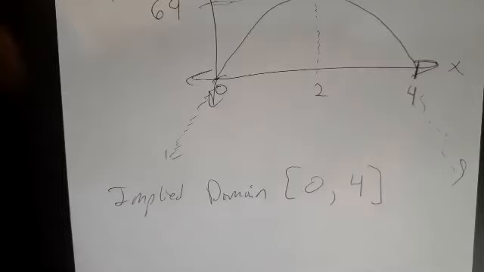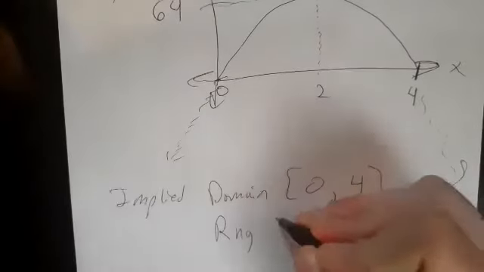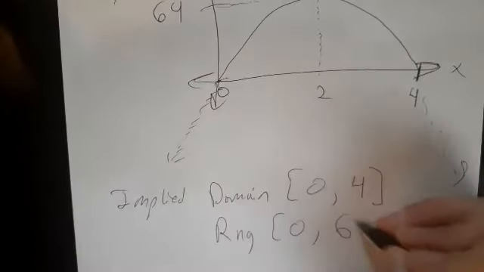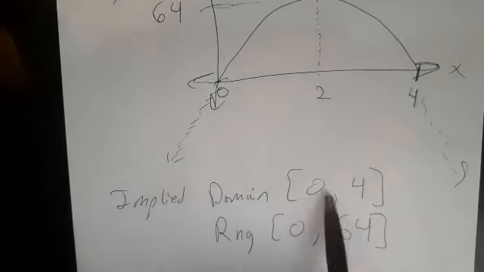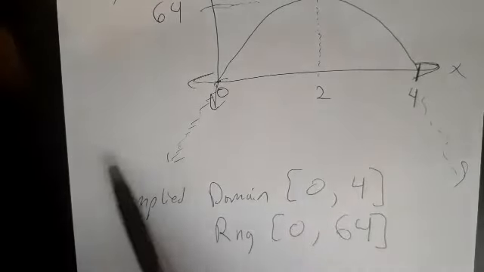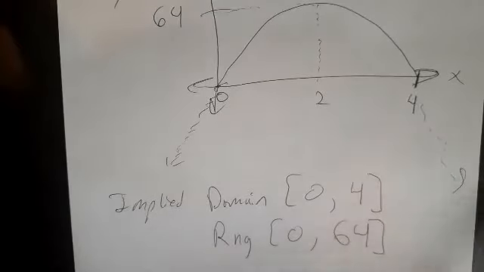So our implied domain would be 0 to 4. Our implied range would be 0 to 64, as tall as this thing's going to get. It's implied because it doesn't make a lot of sense to talk about negative time. It doesn't make a lot of sense to talk about what happened to the rocket after it hit the ground. There's not a lot of interesting things there. Most of the interesting things were when it went up and came down.